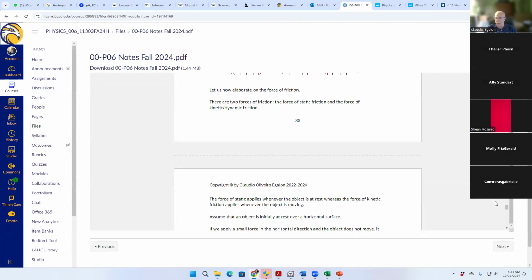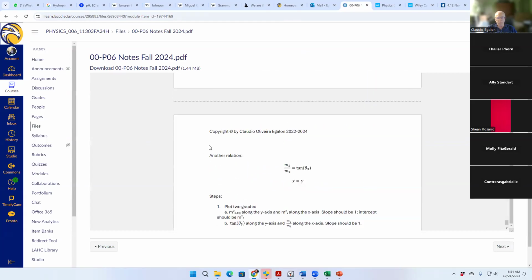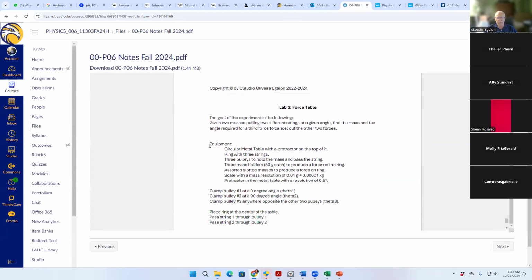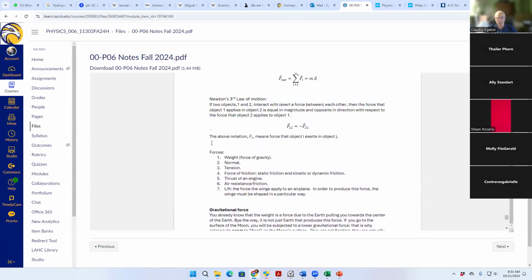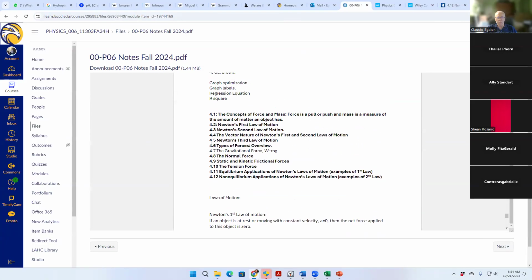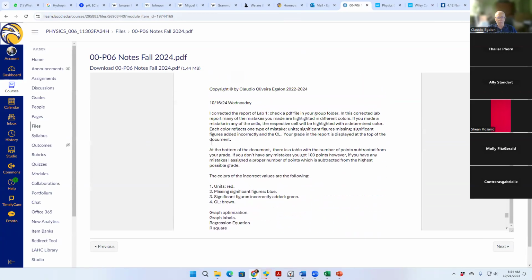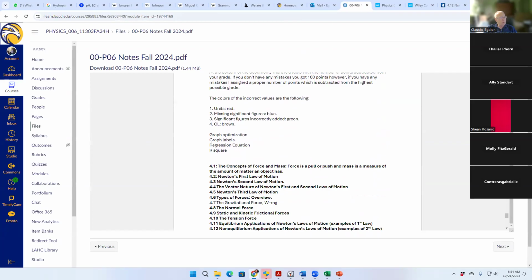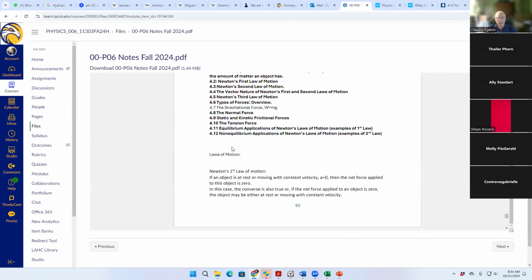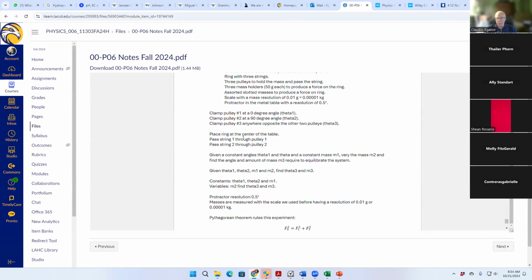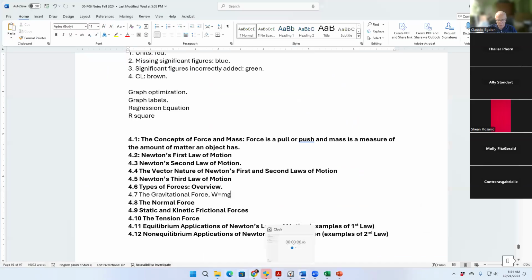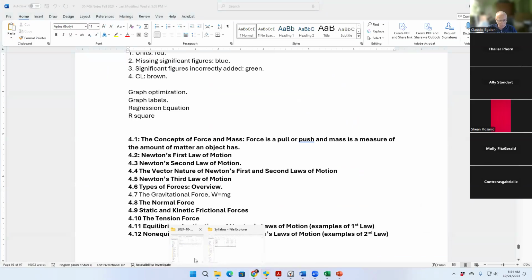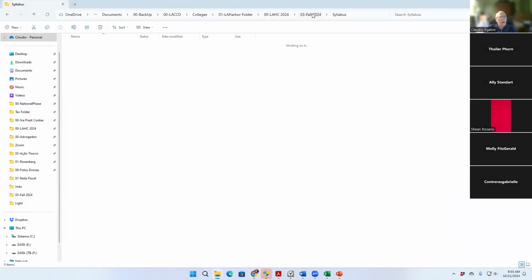Here you go. Here are the notes for lab number 3 and the material that we covered on force of gravity. So let's go here in our notes. I need to open something else too.